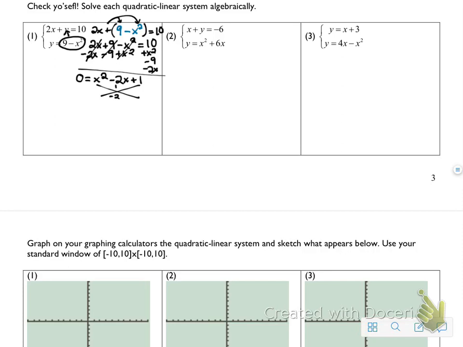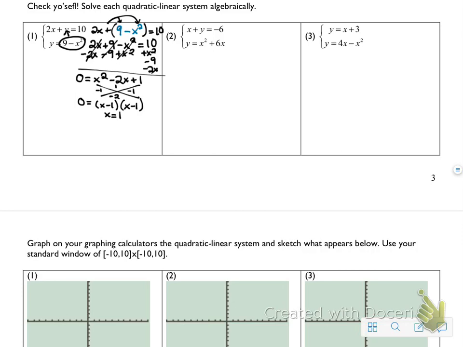Factors of 1 that add to negative 2 are negative 1 and negative 1. So we get x minus 1, x minus 1, which means that the only solution is positive 1. Okay, that's the only answer we will get.